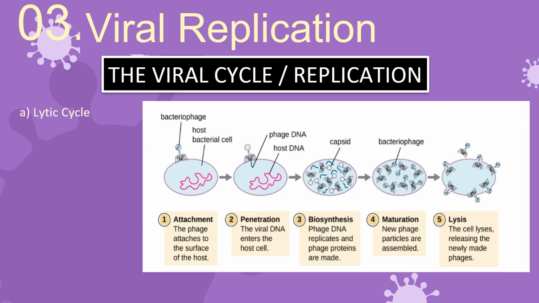There are two modes of viral replication or viral survival strategies or methods. Meron tayong lytic and lysogenic cycle. So for the lytic cycle, the virion invades the host cell, ultimately resulting in killing them by bursting the cell while spewing the virus out of the cell, ready to infect other hosts.